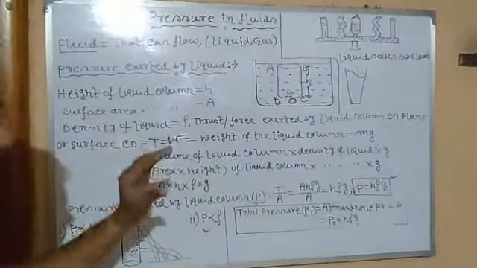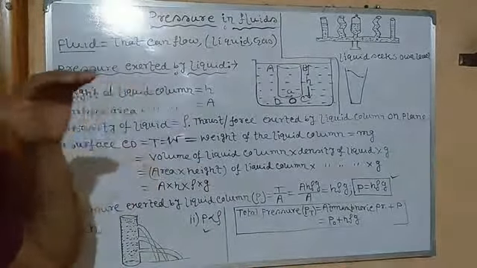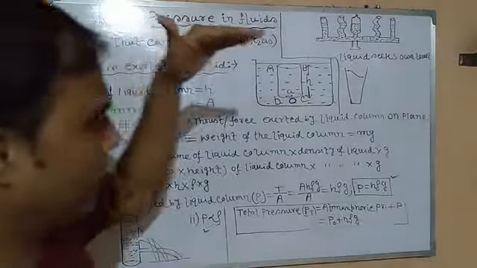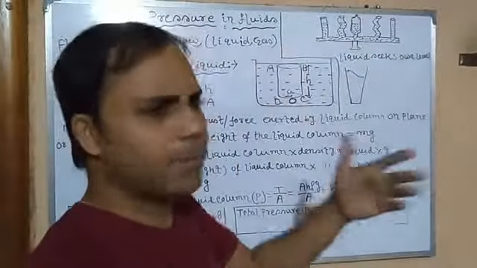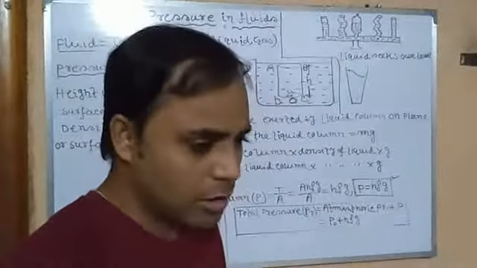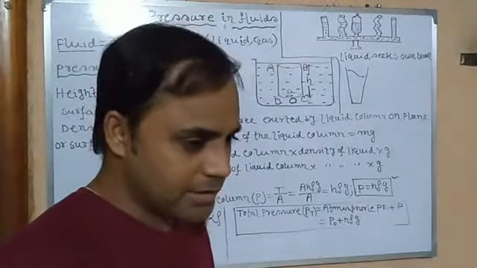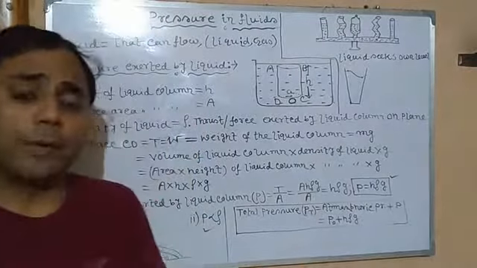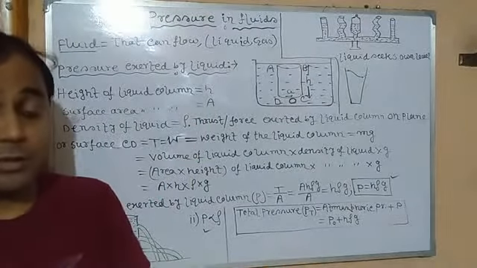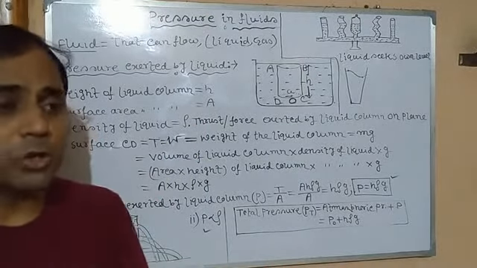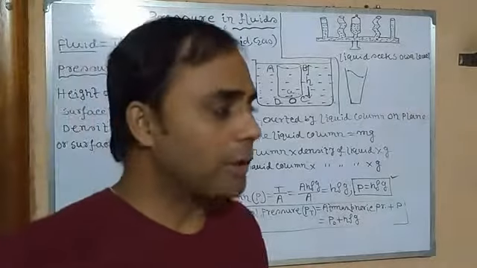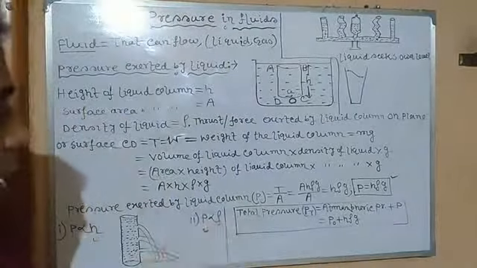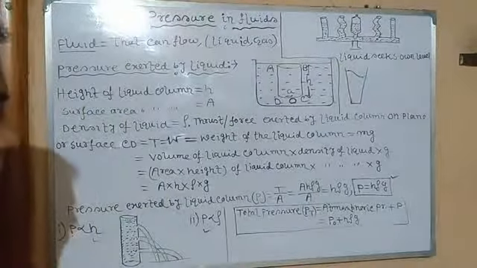Because at the top the height is very less, so the pressure of the water at the top or at the free surface of the dam is very less. As we gradually go to the bottom, the water exerts immense pressure, and if the wall of the dam is not made broader or thicker at the bottom, it can break easily. So it is made thicker so that it can tolerate that immense amount of pressure. Clear?